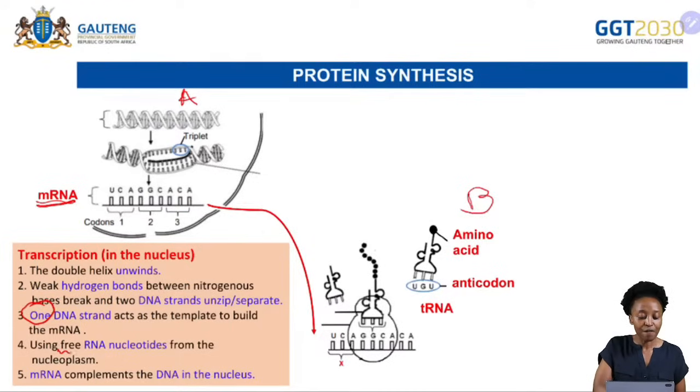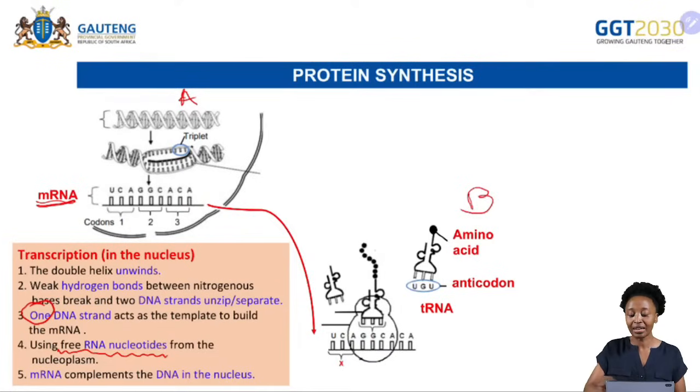Built using the free RNA nucleotides. Do not leave that part out. With replication, it's the free DNA nucleotides. With transcription, it's the free RNA nucleotides from the nucleoplasm. And then the mRNA that complements the DNA in the nucleus will be formed.